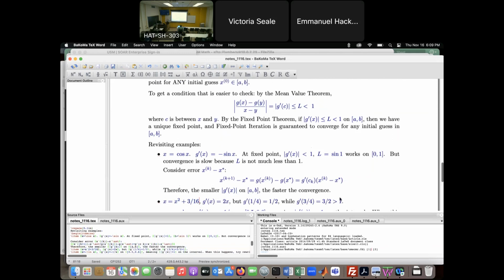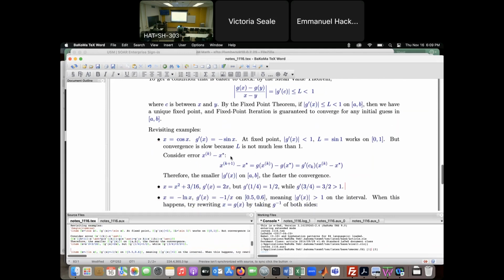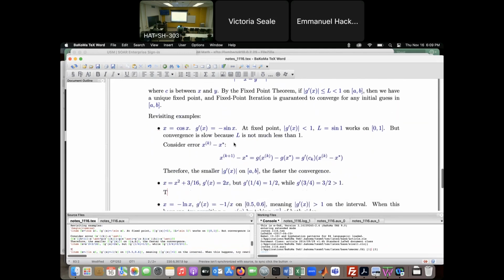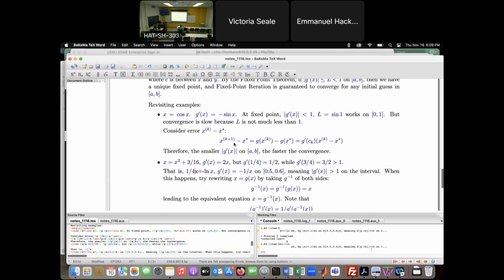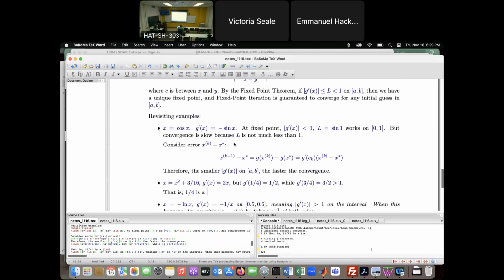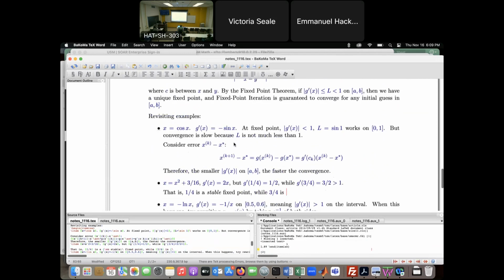In fact, another way of phrasing it is, 1/4 is a stable fixed point, while 3/4 is unstable.